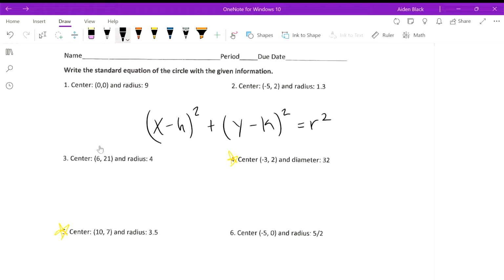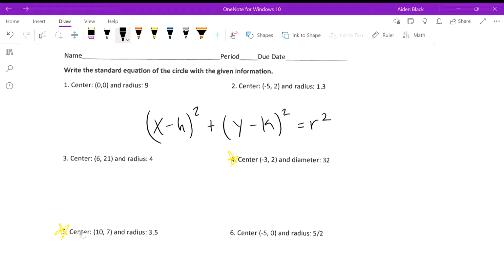It just tells you, okay, imagine h were -4. So the center is -4, 0. Imagine we had k to be 3. So you can see the center is h, k. We got the point right there.